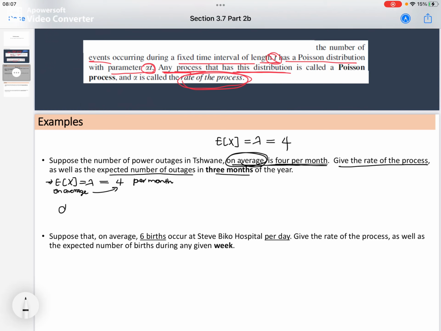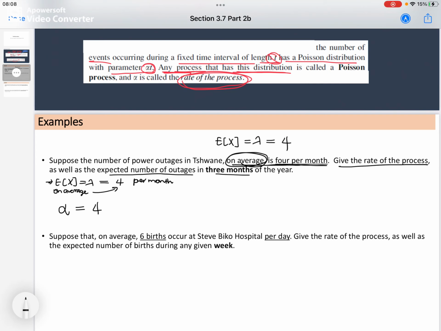So the rate of the process is defined as alpha, and alpha is the number of events that occur in this one unit. So in 1 month we're expecting 4 outages, so alpha is equal to 4.